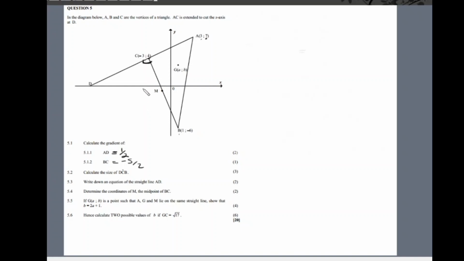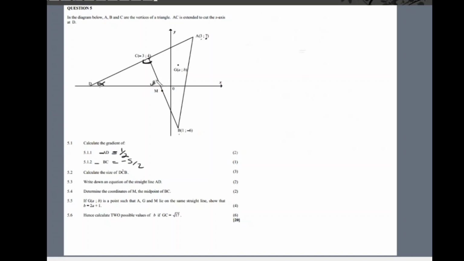In order for us to calculate this angle, we need to calculate this angle, which I'll call alpha, at D. And then this angle at this point, I'll call beta. In order to calculate these angles alpha and beta, I'll use the gradient of AD and the gradient of BC.